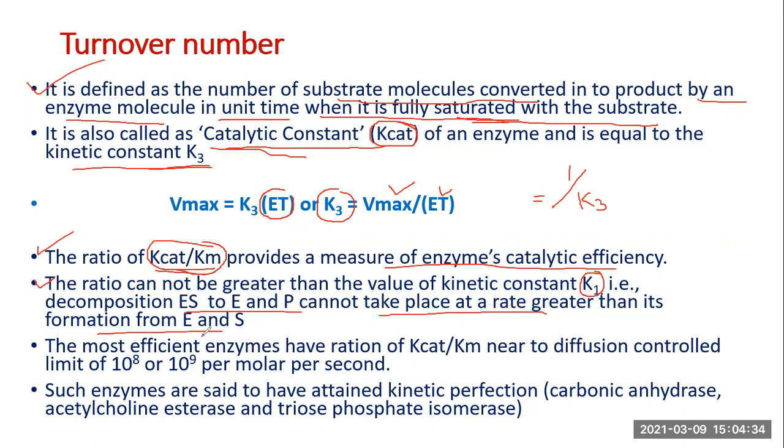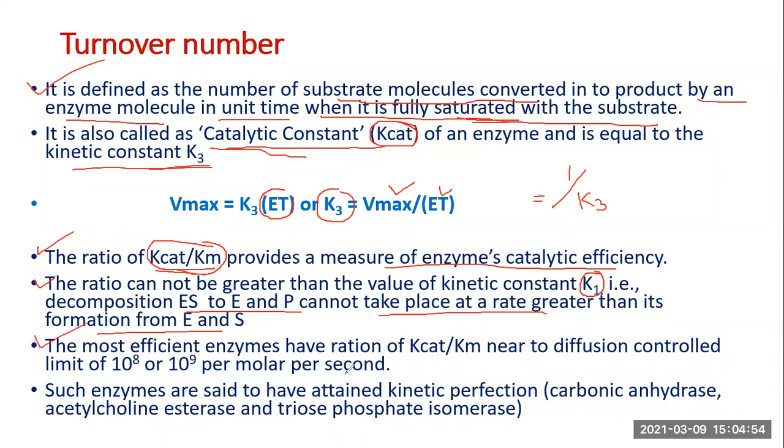Unless you have ES, it cannot be decomposed. So the value of Kcat upon Km can never be more than the value of K1.